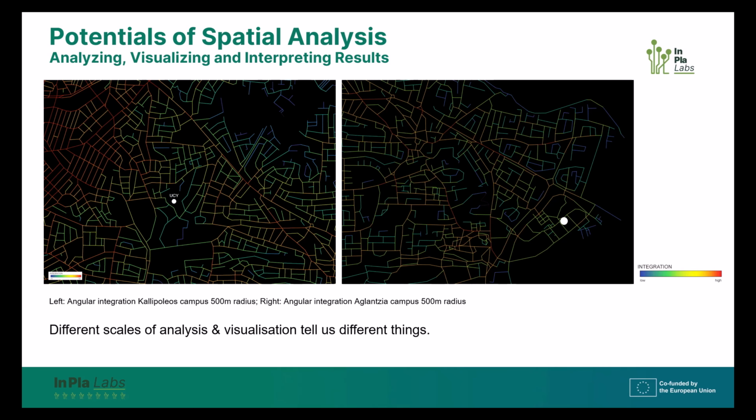And the difference for me is on the right side for the main campus, we can see that you can pass with your car because of the streets. So the streets are connected with the city, instead of Kallipoleos, where there are only two entrances and then you have to walk through the site.